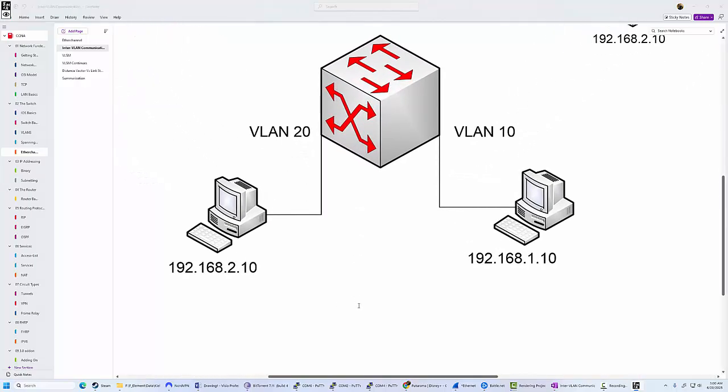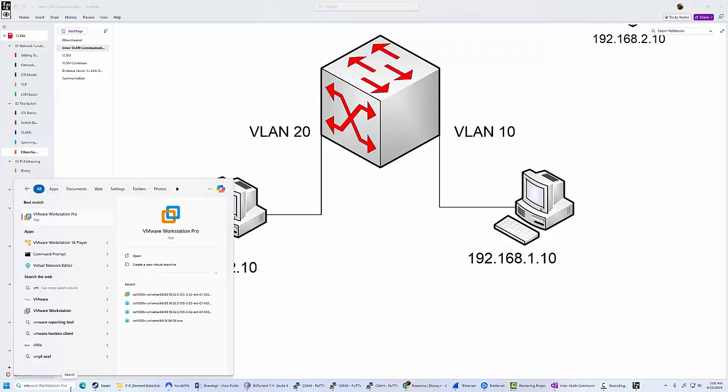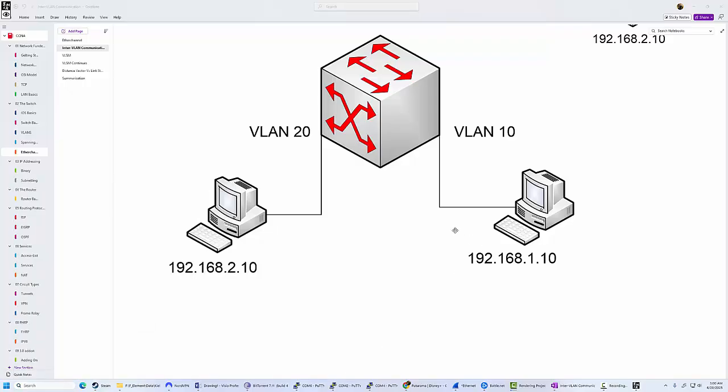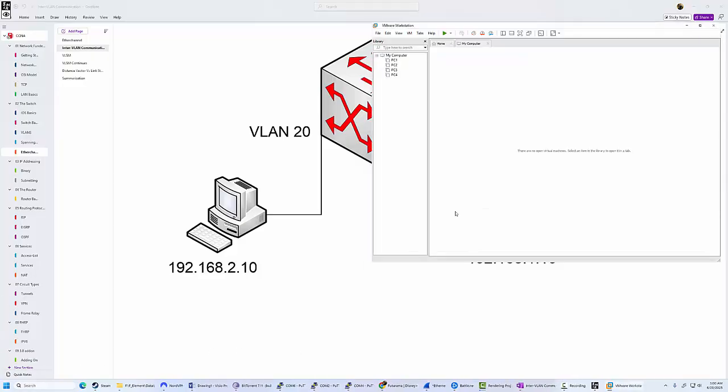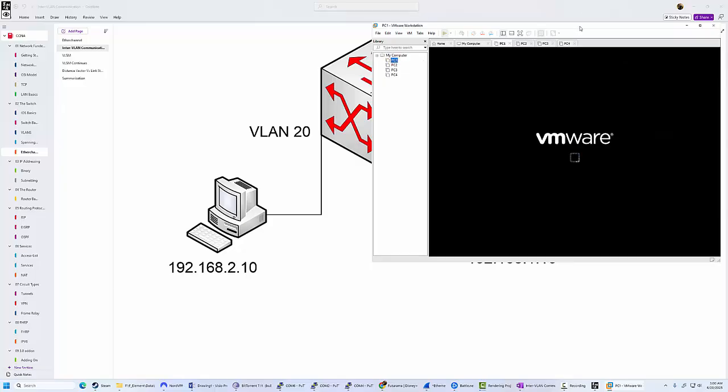Now let's go into our VMs. Did it work? Did I select it? There it goes. First of all, we're going to start one of these PCs. Just let it boot.